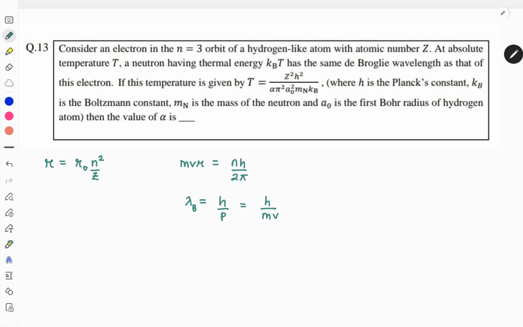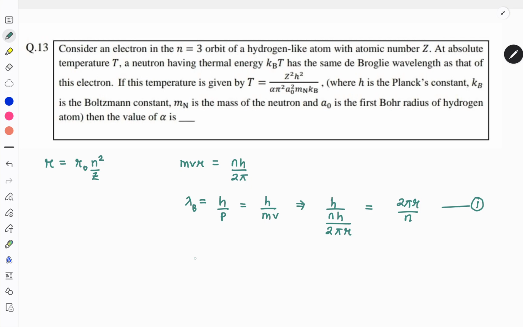Putting mv as nh by 2 pi r, we get 2 pi r by n.